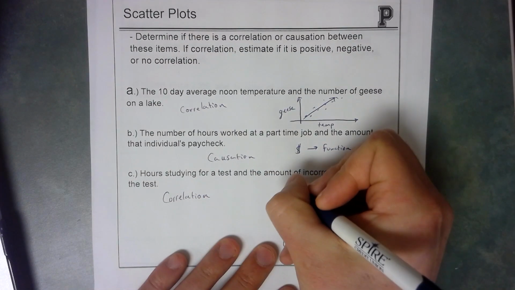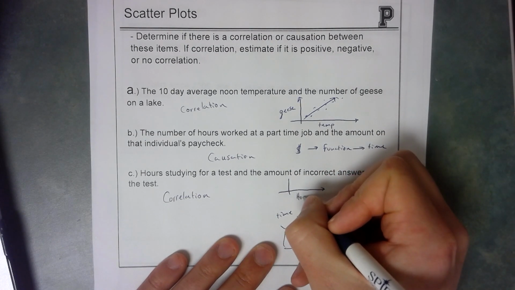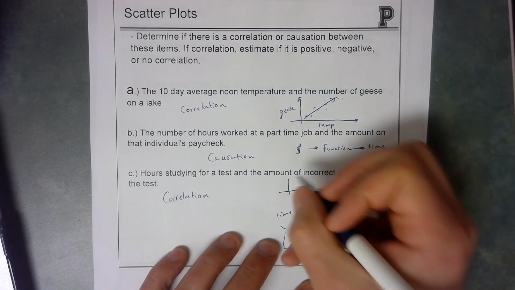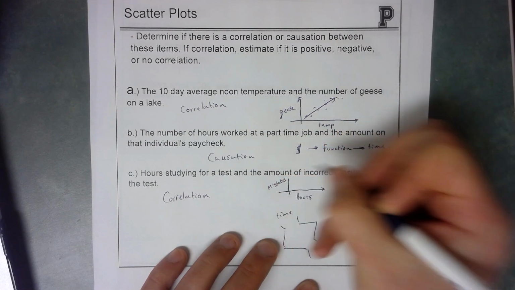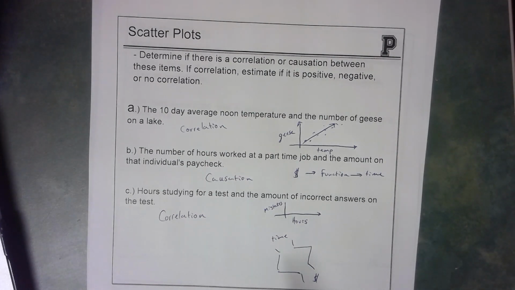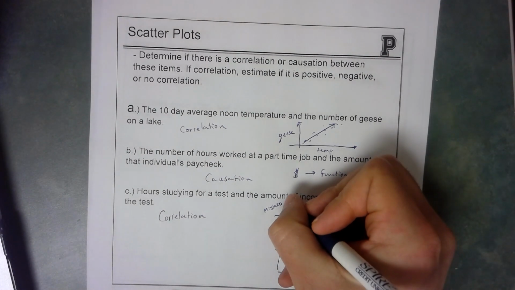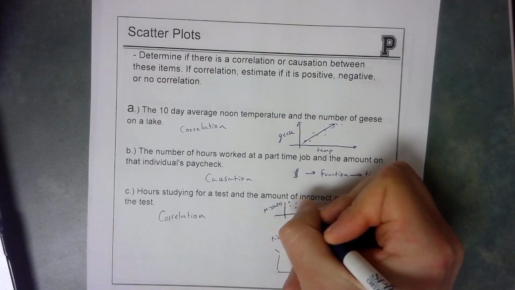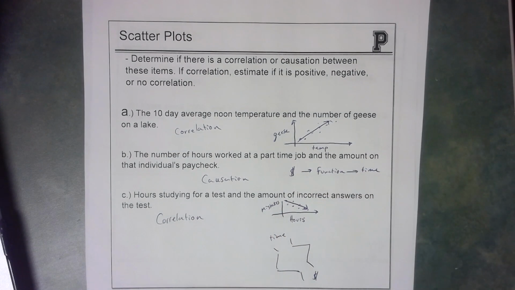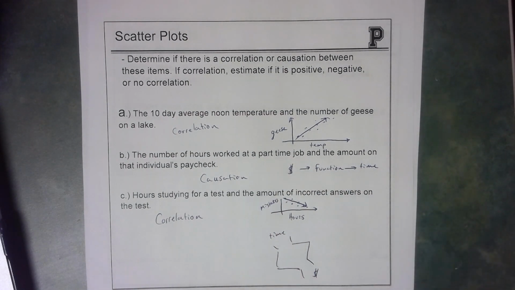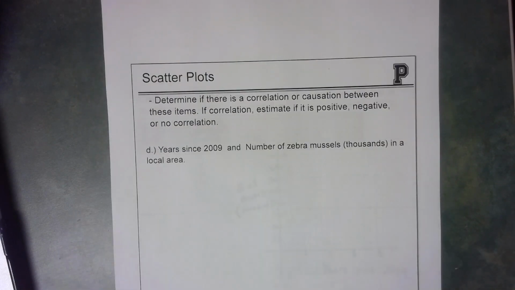Next thing we need to ask ourselves is, as our hours increase, do our mistakes increase or do they decrease? And my thought is as hours go up, the mistakes on the test probably go down. Remember, we're studying for more time. That means that our mistakes are hopefully decreasing. If not, you got to reevaluate what you're studying.